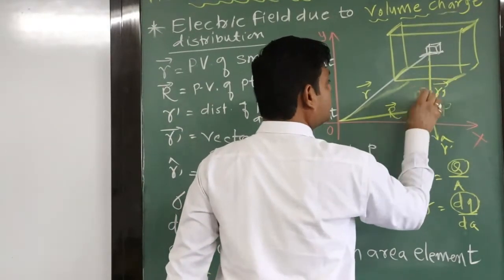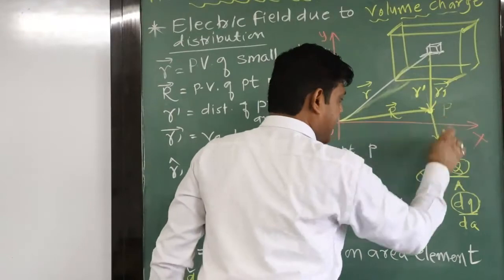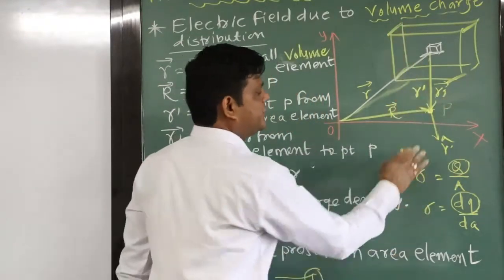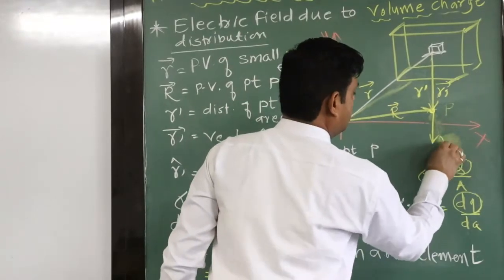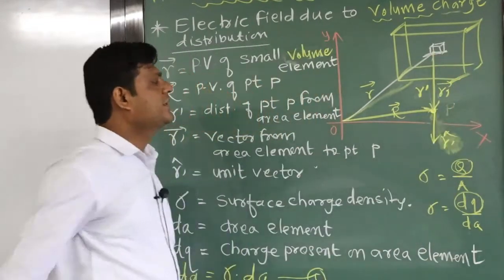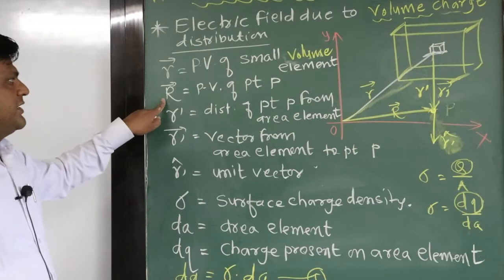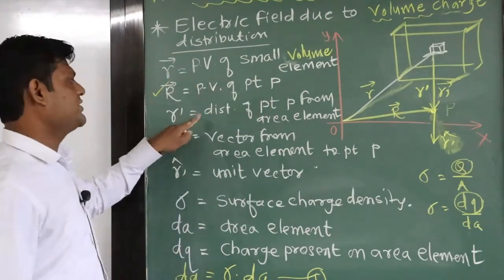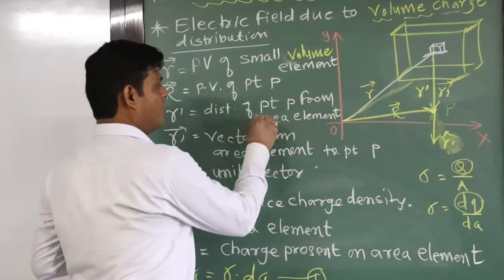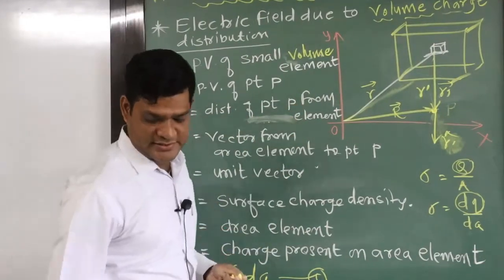This distance is known as the R dash, and R dash cap is the unit vector in the direction of electric field. Like this we can draw R dash cap. R dash is the distance of point P from the volume element we will write over here, right?